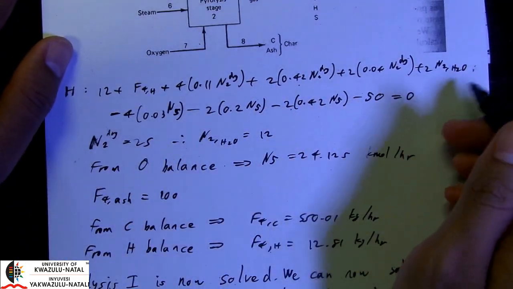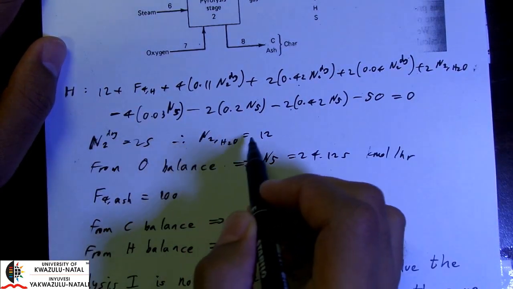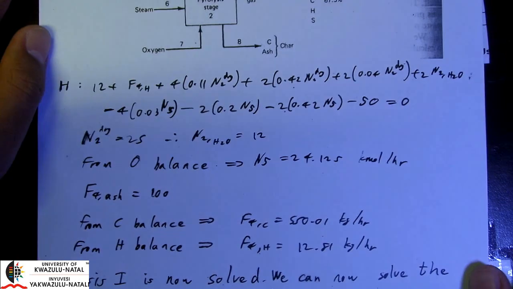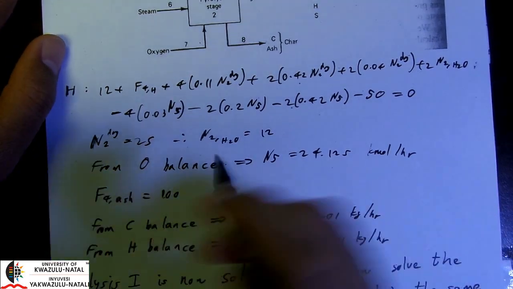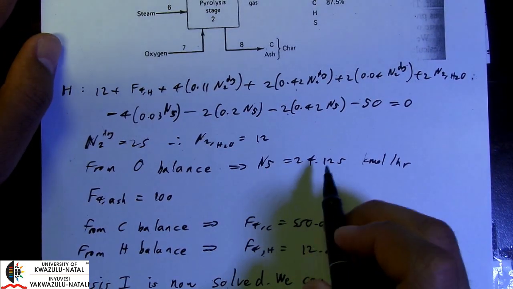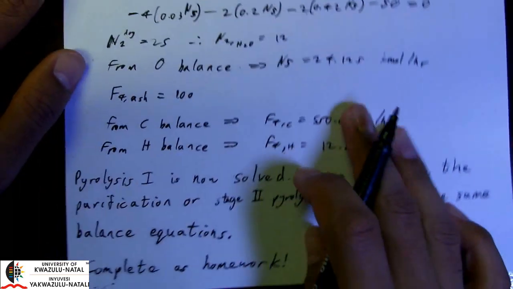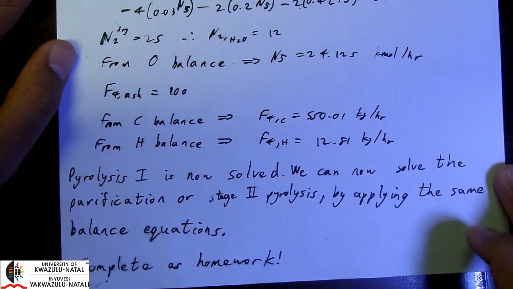Okay, and writing out these balances, we can then solve for N2 dry and thereafter the molar flow rate of water in stream 2. From our oxygen balance, we can solve for the entire N5. We've solved for our ash balance quite early in the balance.